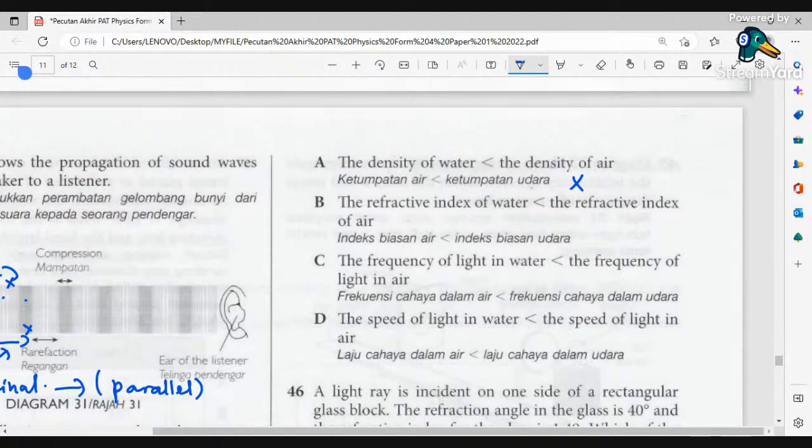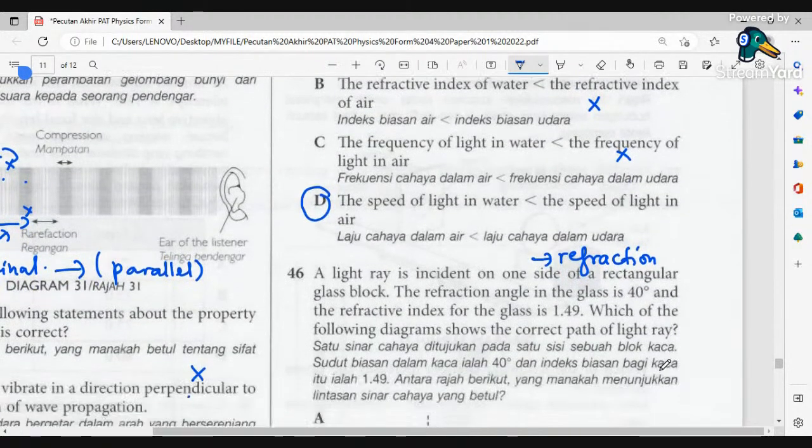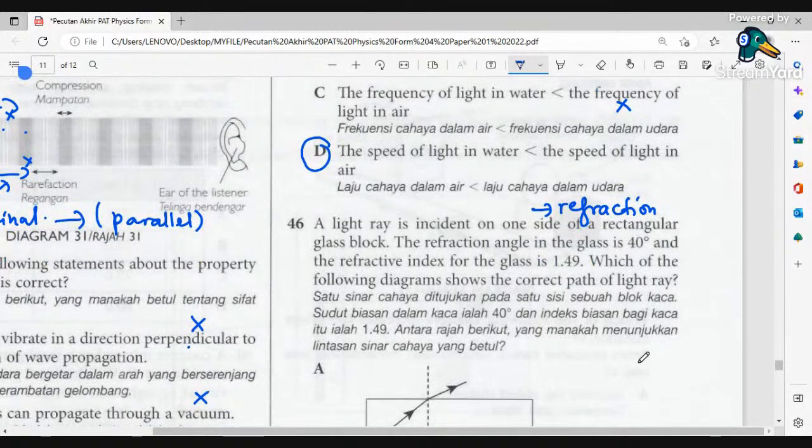No. Refractive index of water less than refractive index of air. No. Frequency of light in water less. No. Speed of light in water less than speed of light in air. Yes, this one that causes refraction to occur. Difference in density causes difference in speed. The change in speed causes refraction of light.